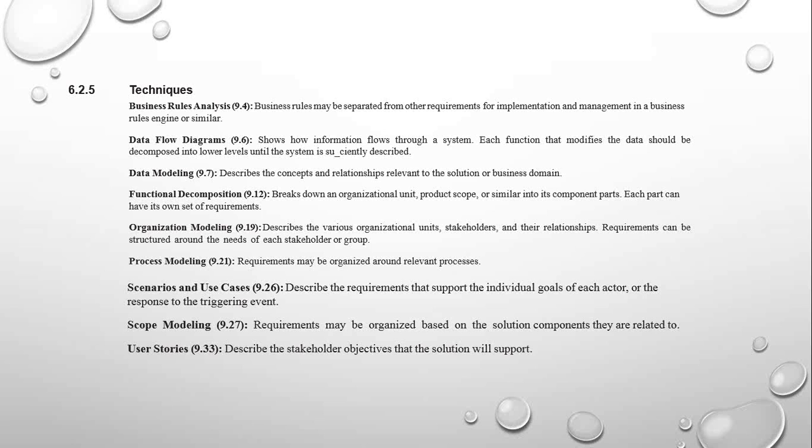Now you have organizational modeling, means how that is going to work. Then you have process modeling, then you have use cases or scenarios, then you have scope modeling and the user stories. Let's take one at a time.